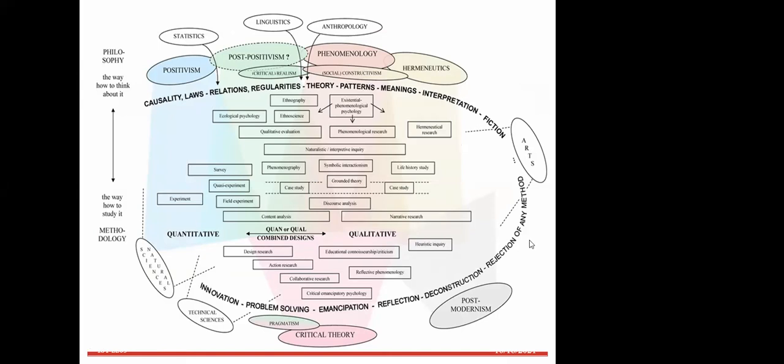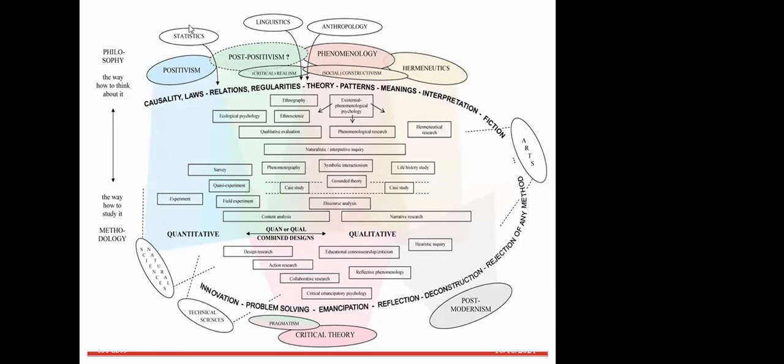Now, I just wanted to make something more clear. That's why I went to look for this slide. So when we are talking about methodology, I hope you can see where my cursor is trying to move. The way, how to study it. Basically, research from different disciplines, like natural sciences, social sciences, arts, music.